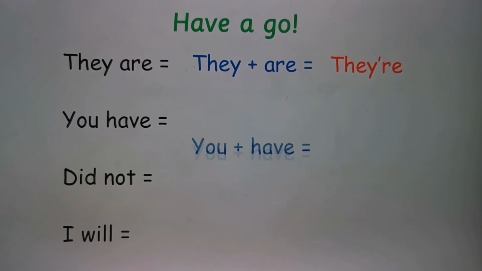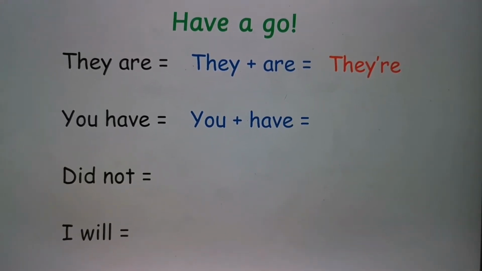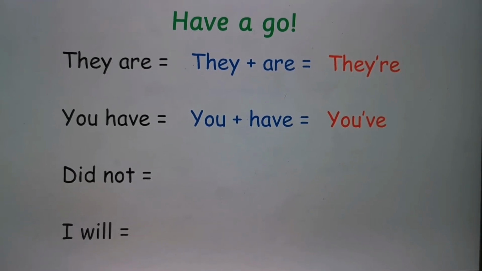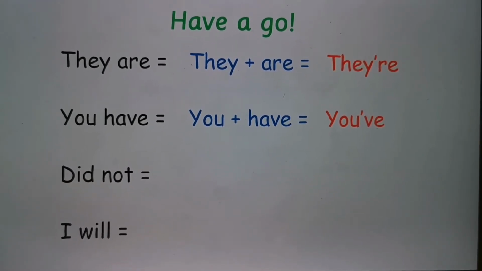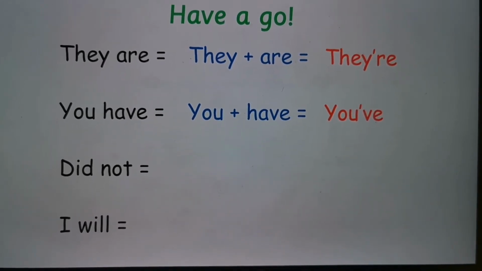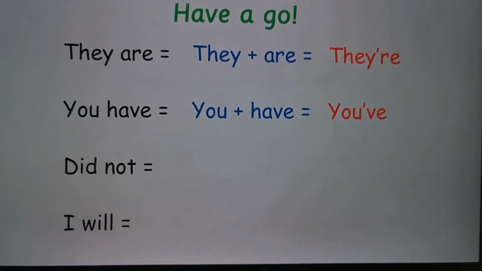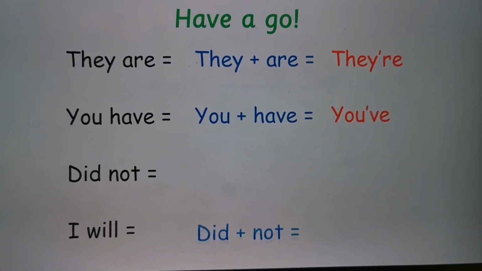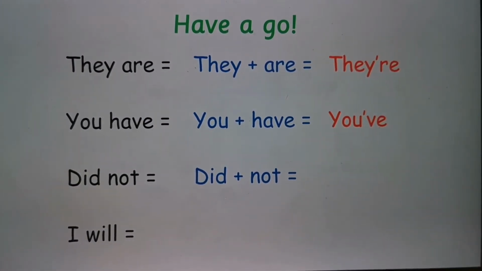You have, you plus have, hopefully you realise became you've. In this one, we lost the letters H and A, so the apostrophe fills in those two letters that have been omitted.